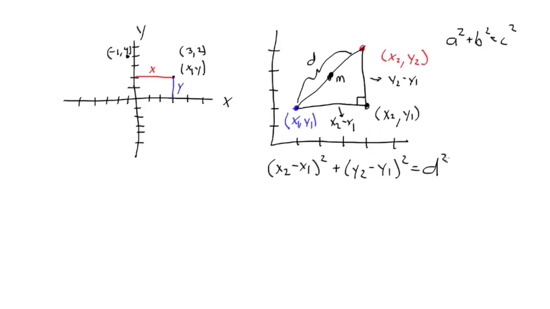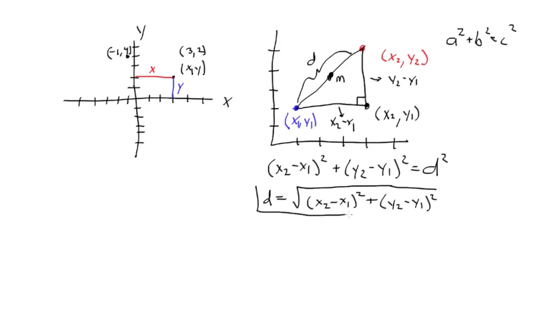But if I want to just solve for d, let me take the square root of both sides. And that gives me the equation d equals the square root of (x2 minus x1) squared plus (y2 minus y1) squared. And this right here is our distance formula.